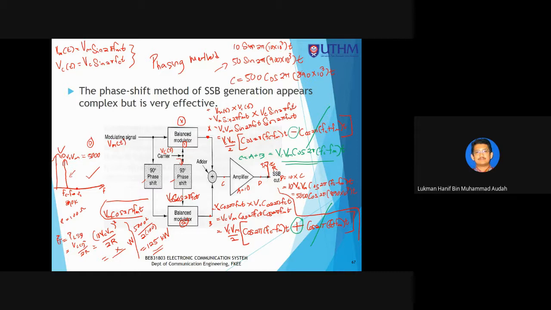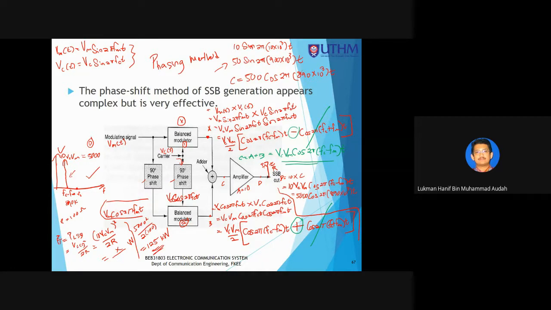So maknanya di sini contoh tadi saya bagi 10 VCVM, maknanya 500 kali 10, so jadi 5000 kuasa 2 dibahagikan dengan 2R. So R, let's say assume that R equal to 100 ohm for example. So 5000 kuasa 2 bahagikan dengan 200, so you dapat 125 kilowatt. So that's the final answer.